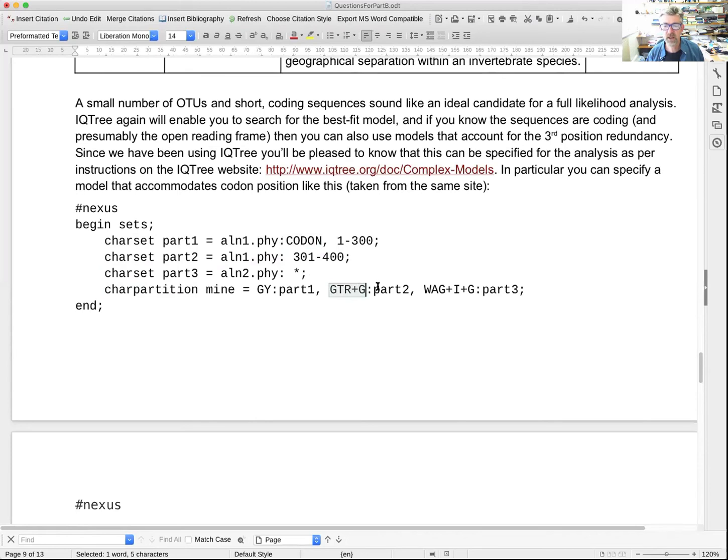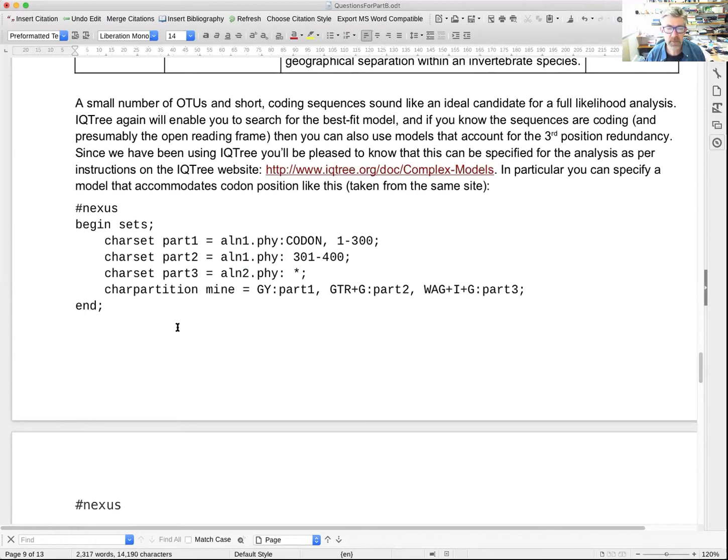GTR plus G model applies to part 2, which is these sites, 301 to 400. And WAG plus I plus G model applies to part 3, which is in fact all the sites in that alignment.